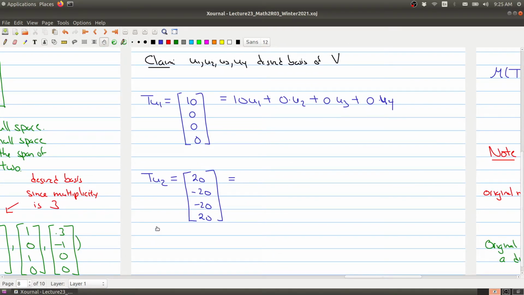I can do the same thing for u2. When I plug u2 into my function T, I get this vector, and writing it in terms of my basis gives me 0 times the first vector plus 20 times the second basis element plus 0 times the third plus 0 times the fourth.